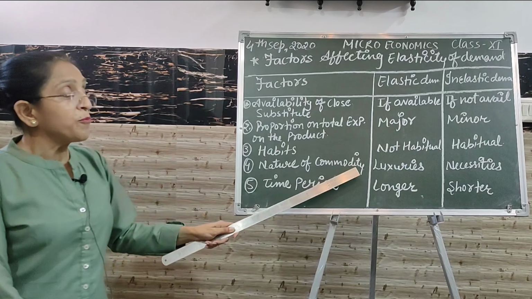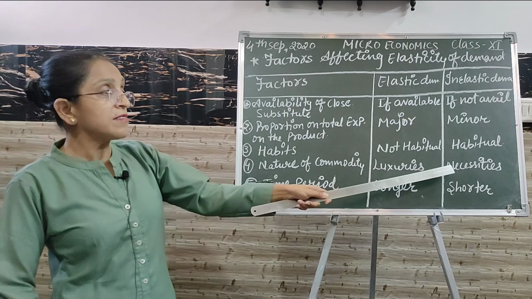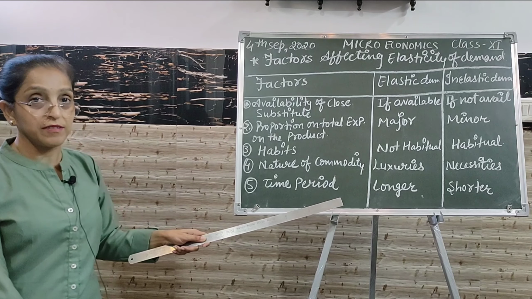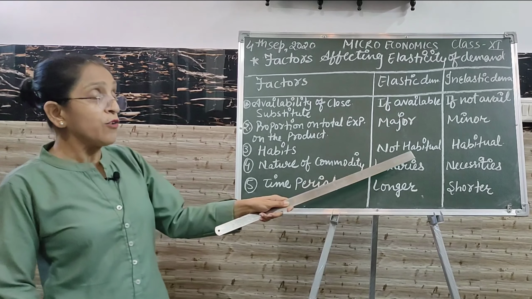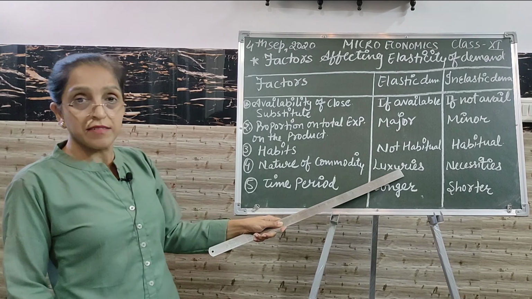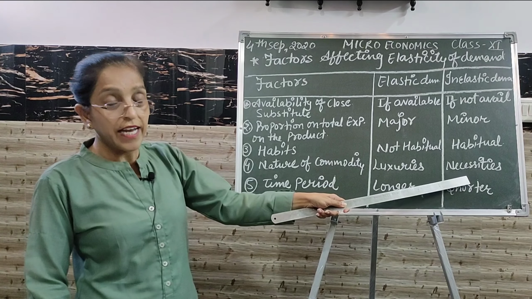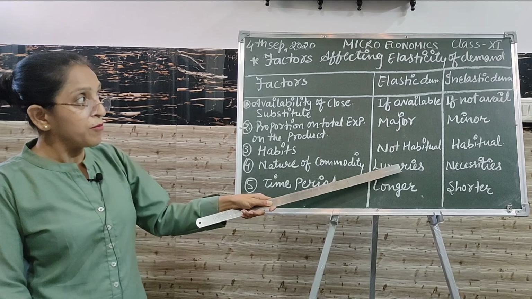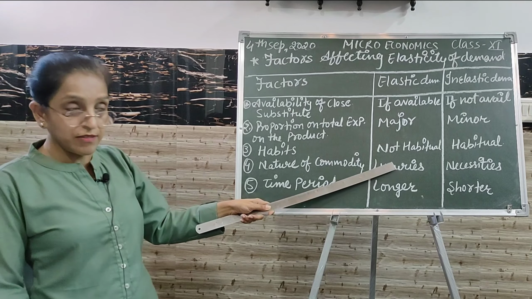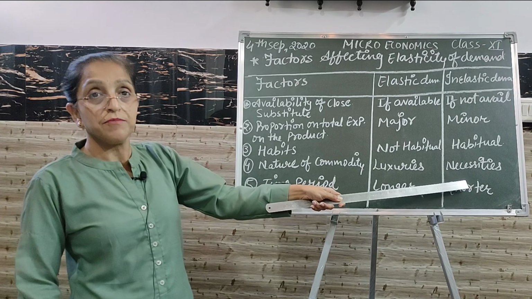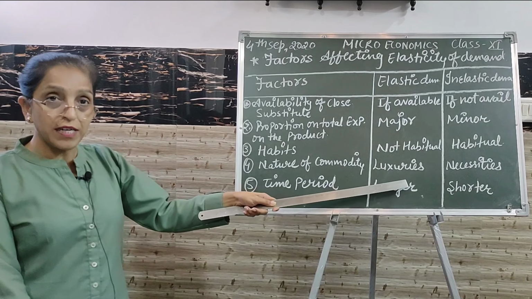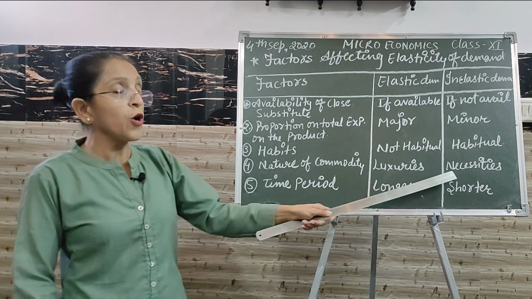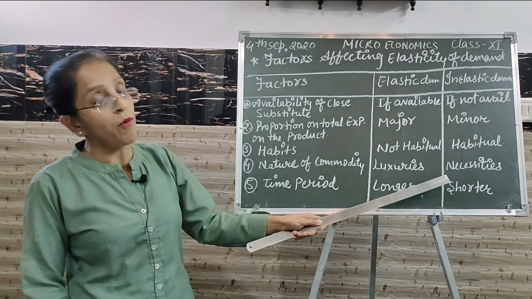Here, if instead of luxury or necessity goods you have comfort goods, then the demand of the commodity is neither elastic nor inelastic. It will be moderate. When the commodity is not a luxury or a necessity, that is comfort goods, then the demand is neither elastic nor inelastic, that will be moderate.